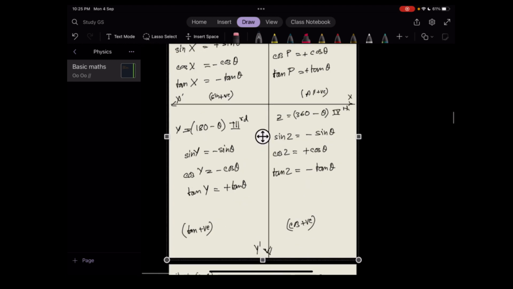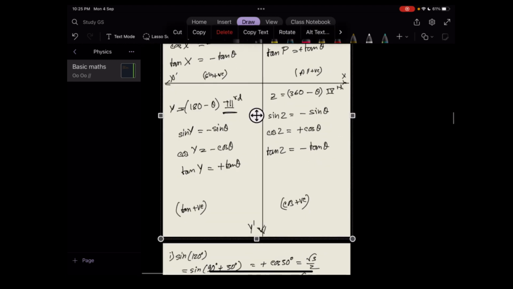Similarly, in the third quadrant, again 180 degree minus theta, so it will lie in the third quadrant.